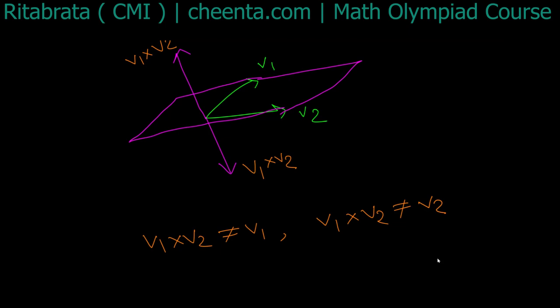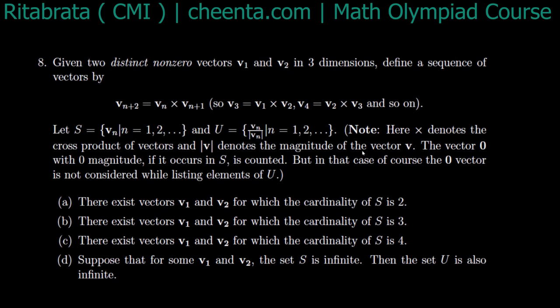So in either case we get three distinct terms of the sequence, v1, v2 and v3 equal to v1 cross v2. So the cardinality of S is at least 3. So part A is false because we get at least three distinct terms.